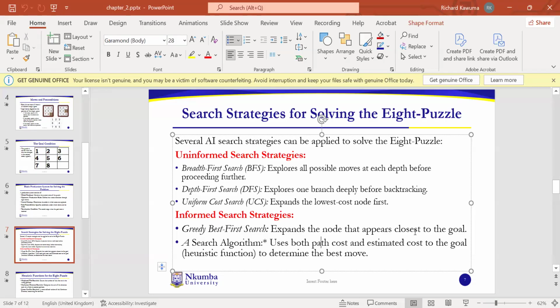Then we have another search algorithm. It uses both path cost and estimated cost to the goal. Path cost, what do I mean? You can say, I'm in Entebbe, I'm going to Kampala, and you can think that the main path to Kampala is the Entebbe road.